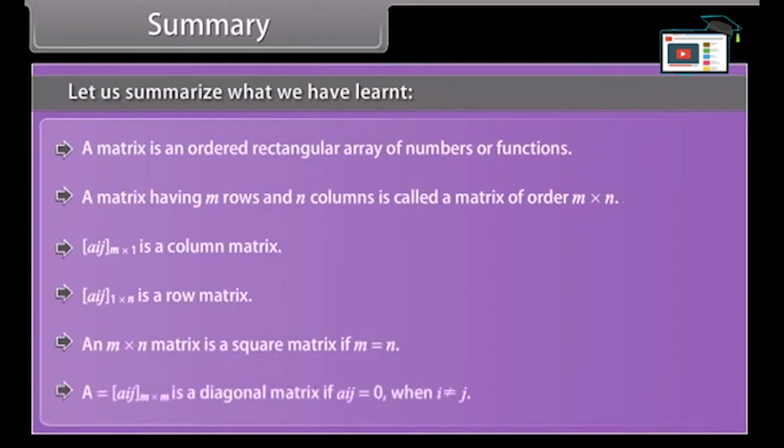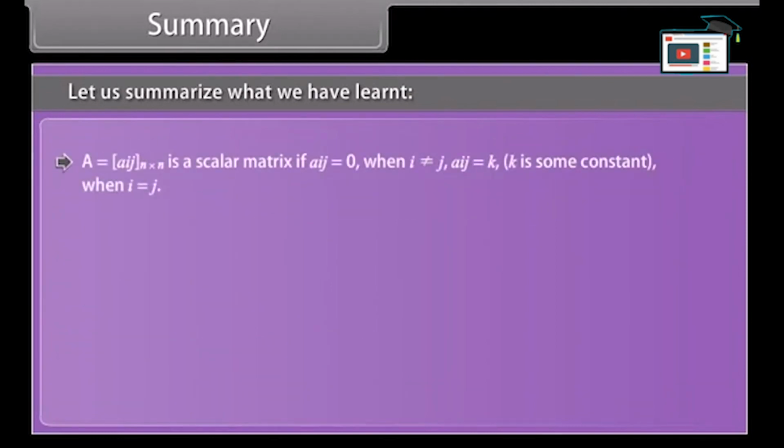A is equal to Aij m by m is a diagonal matrix if Aij is equal to 0 when i is not equal to j. A is equal to Aij n by n is a scalar matrix if Aij is equal to 0 when i is not equal to j, and Aij is equal to k, where k is some constant, when i is equal to j.